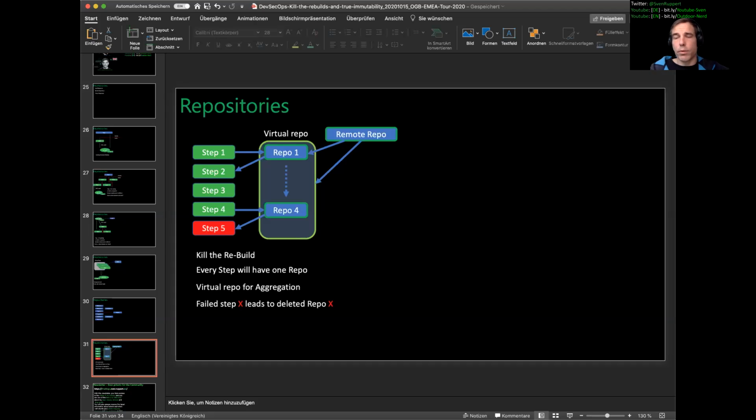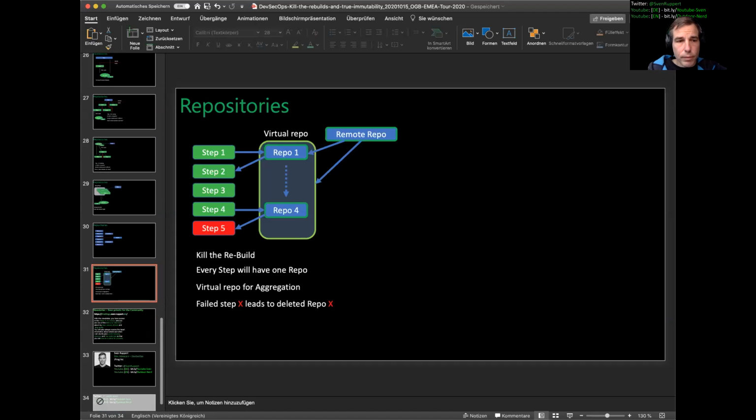So this one is really something that you can do if you have this concept. So with Artifactory and X-Ray and pipelines, this is very smoothly implemented, but you can do it with Jenkins, TeamCity as well. But make sure that you have a very lightweight repository manager like Artifactory, where you can build local, remote, and virtual repositories.